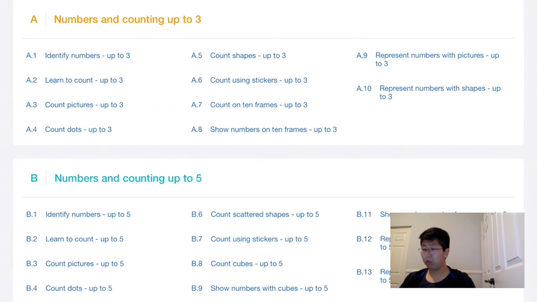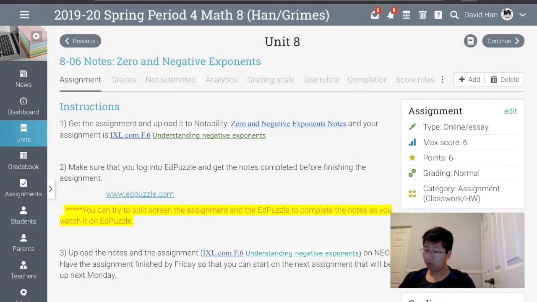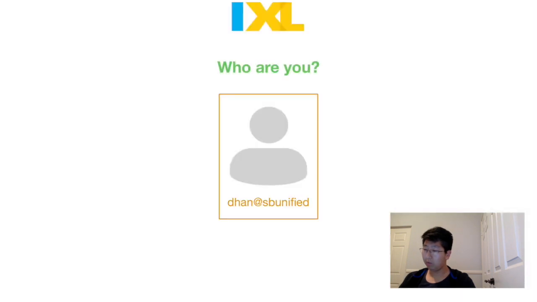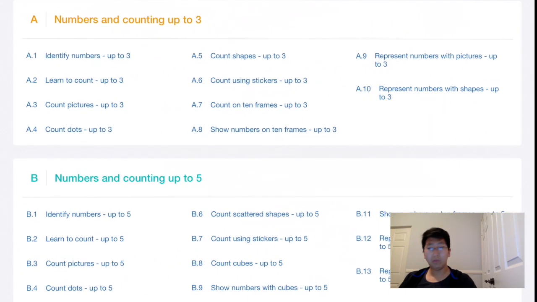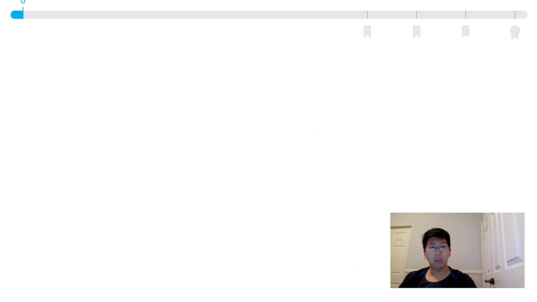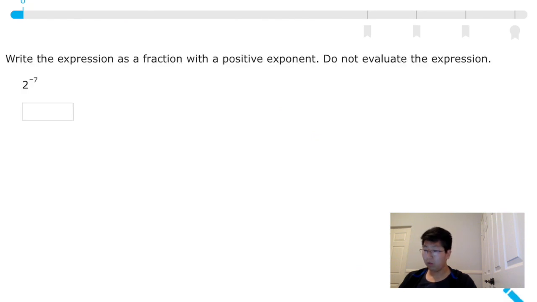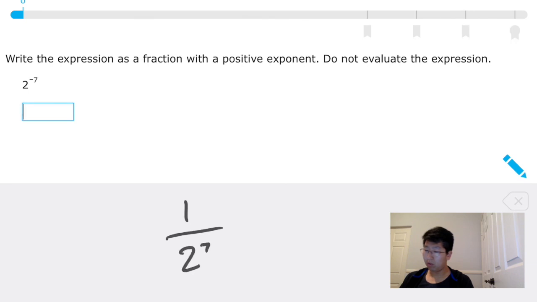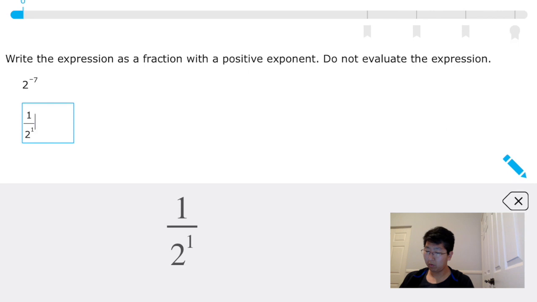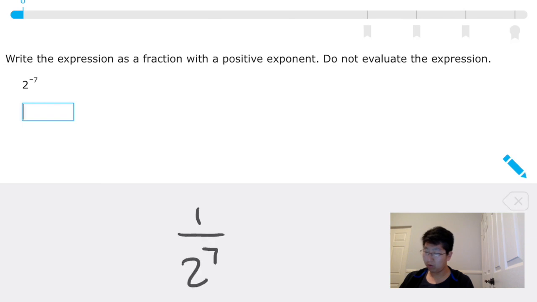Oh, it's not opening straight to it. F6. Come on. There you go. It doesn't take. There you go. So write the expression as a fraction with a positive exponent. So this is going to be 1 over 2 to the 7th. I'm not happy with that. 1 over 2 to the 7th.